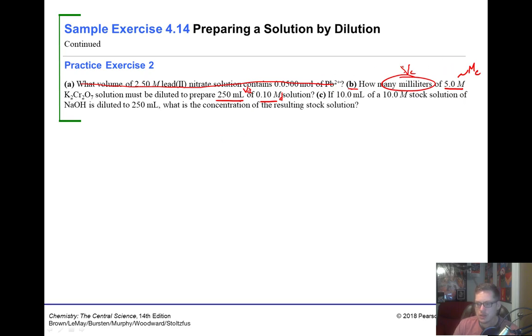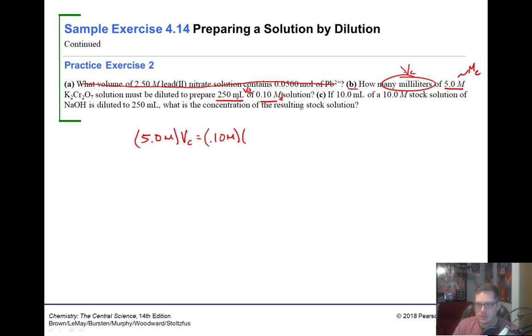So molarity of the concentrated times the volume of the concentrated equals molarity of the dilute times the volume of the dilute. So we'll take 5.0 molar times the volume of our concentrated, which is our unknown. That's what we're trying to solve for, right? That's going to be equal to the molarity of the dilute, which is 0.10 molar, times the volume of 250.